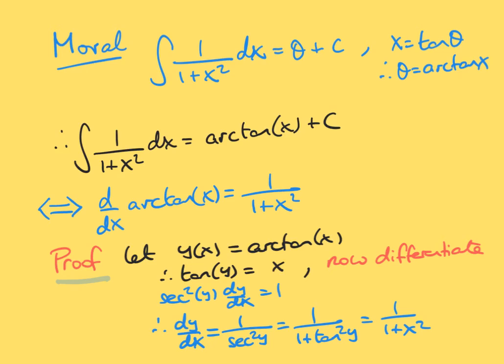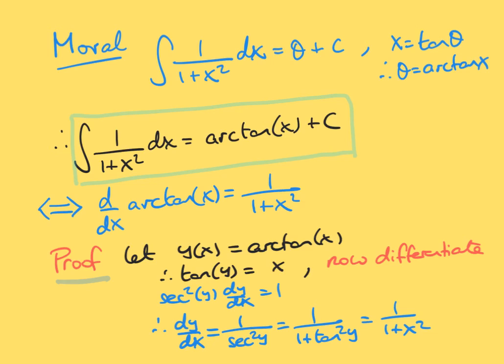So on the previous slide, we saw that with our tangent substitution, this change of variables, if we integrated 1/(1 plus x squared), it gave us theta, where theta is the arctangent of x. And therefore, writing this out just in terms of x, we have this relationship here. And that, I think, is a very useful integral and worth knowing off by heart.